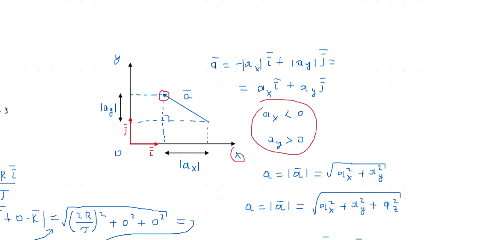So we can write that vector a has the same direction as axis y, and because of this we have this and this. So this is about signs of components of a vector.